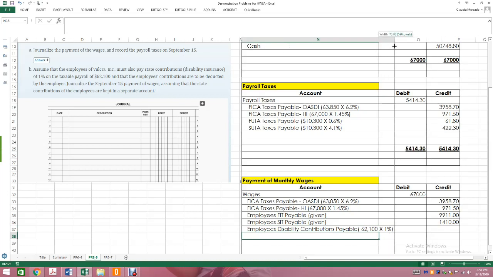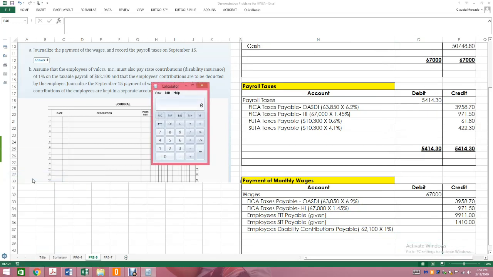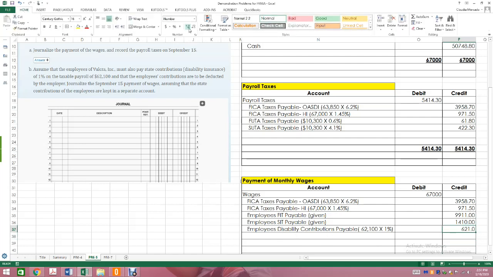So let's get our calculators out. 62,100 times 1% gives me $621. It's going to be deducted for employees' disability contribution. So everything else stayed the same from the first part, because you're still responsible to pay for OASDI, for HI, for federal and for state income tax. They just wanted you to add one more component, which is this component right here.